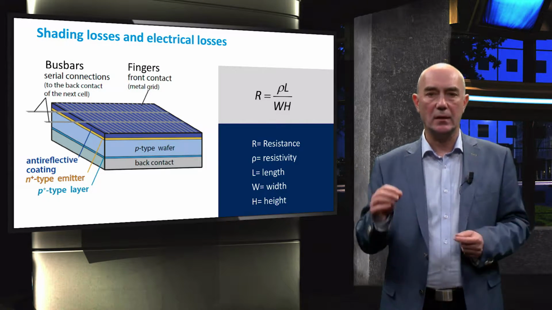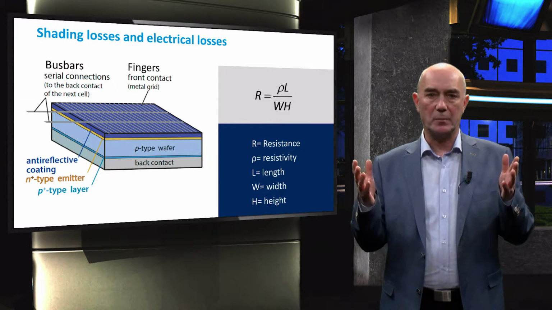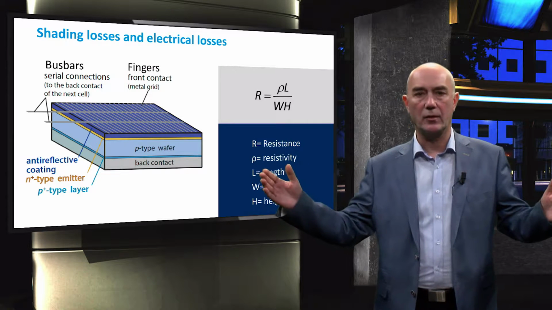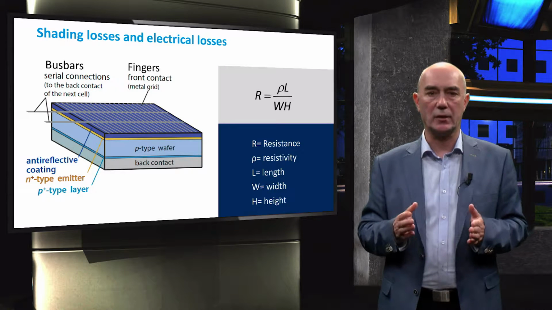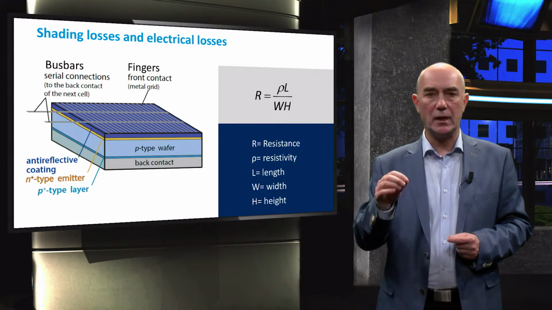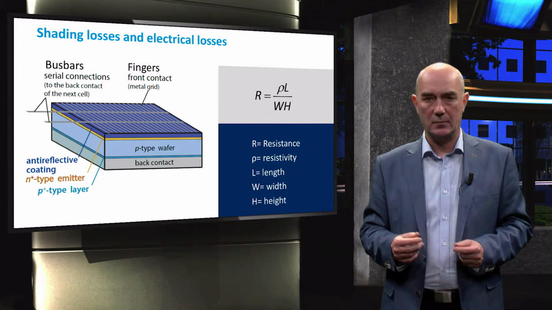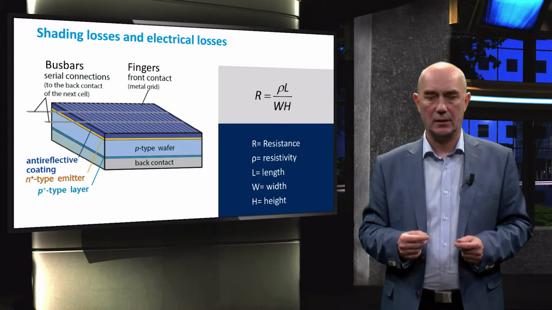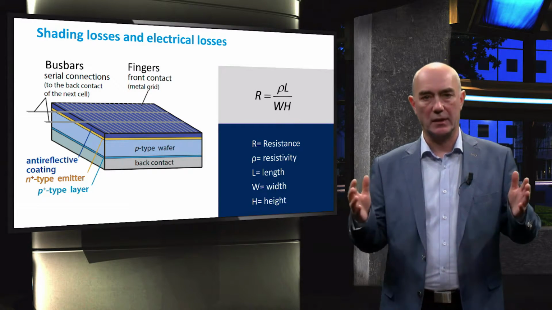This can be seen if we look at R, the resistance of a metal. It is proportional to the length of the given metal finger and inversely proportional to the cross-sectional area. So you can see if we reduce our cross-sectional area, we minimize shading losses, but we increase resistance. There is a trade-off between minimizing the shading and resistance losses.